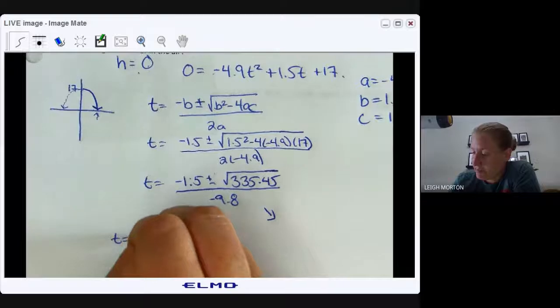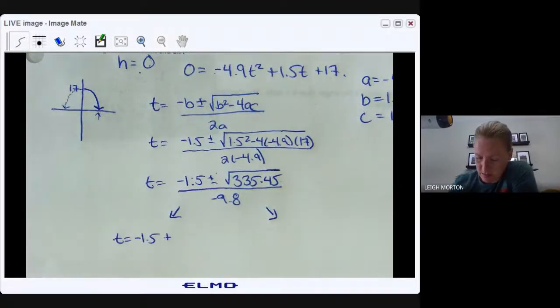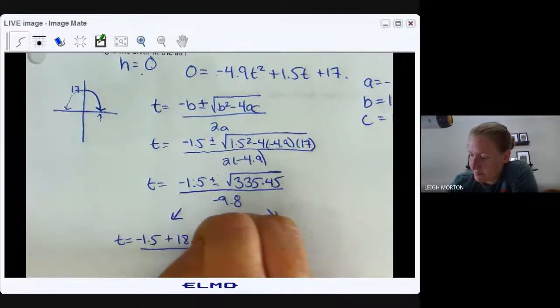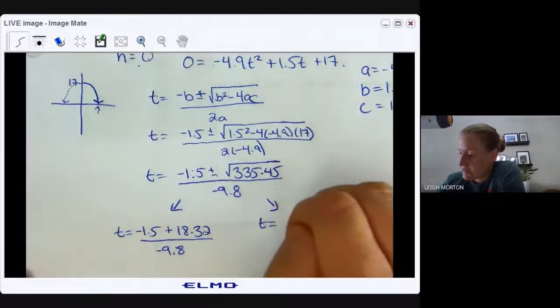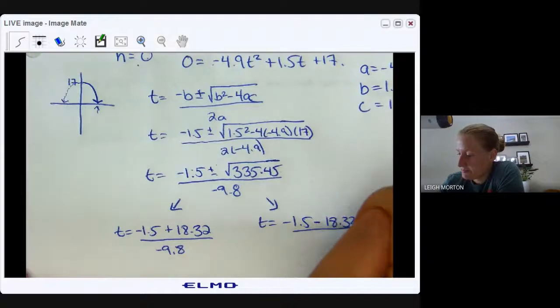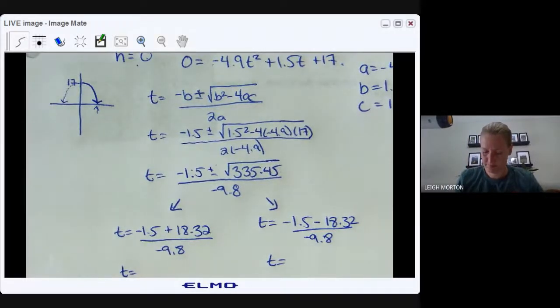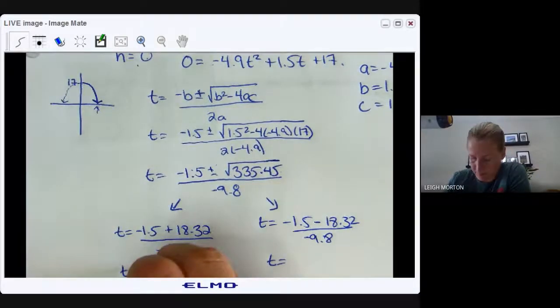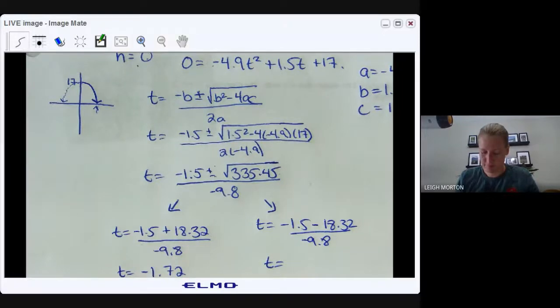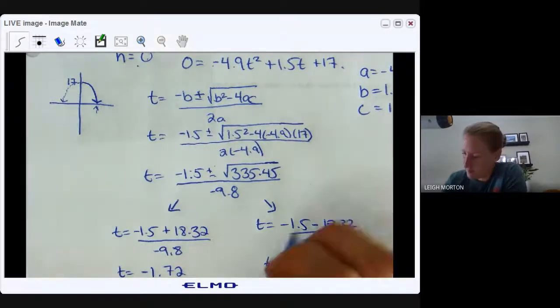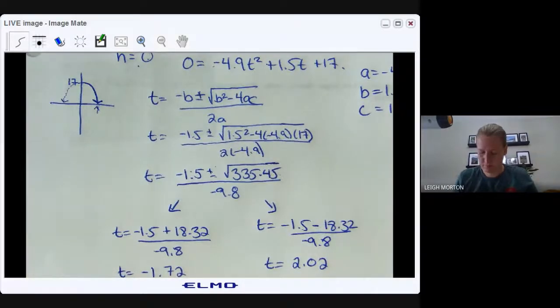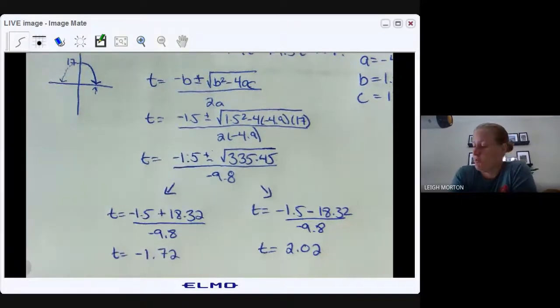So t equals negative 1.5 plus 18.32, or t equals negative 1.5 minus 18.32 divided by 2a. So I've got two possible answers here.